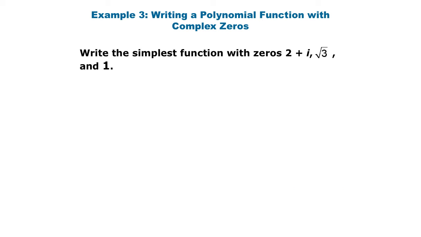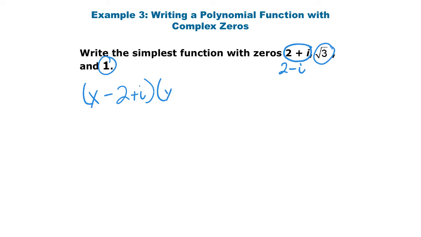Okay, so putting this into practice here with a polynomial with these zeros. First one, if 2 plus i is a zero, then that means x minus (2 plus i) is a factor. And if 2 plus i is a factor, so is 2 minus i. So then I have to do x minus (2 minus i) as well.